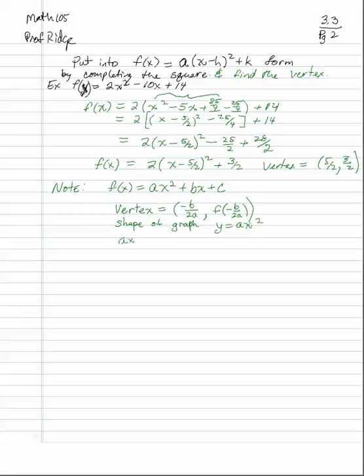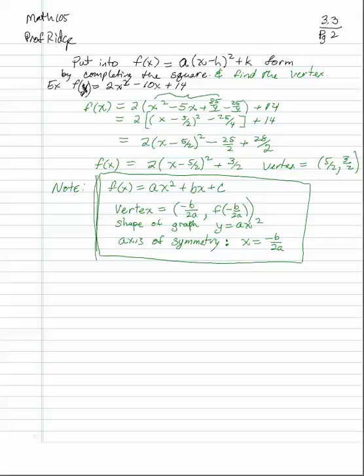The axis of symmetry is going to be x equals whatever that x coordinate is, or the h if it's in the other form. This is a really important shortcut. It makes life easy for us because completing the square can be a little cumbersome at times. All right, so let's try one using this technique.